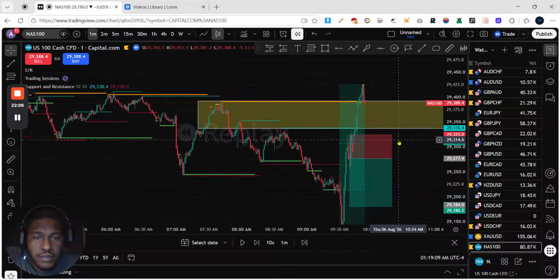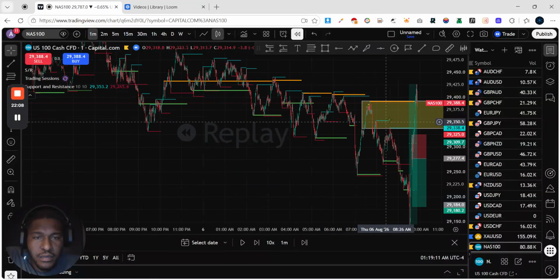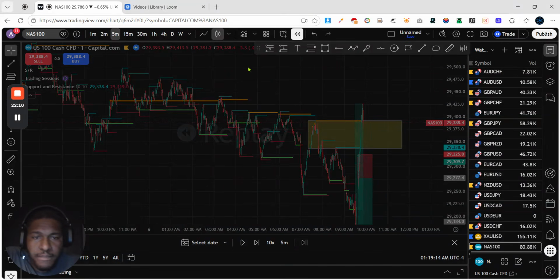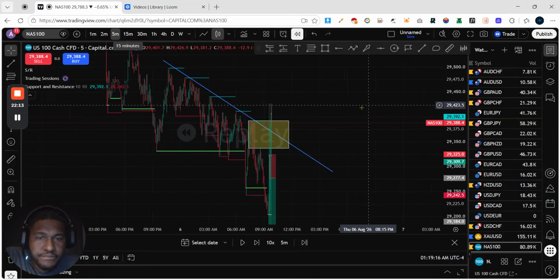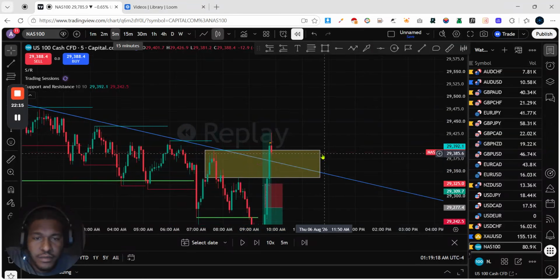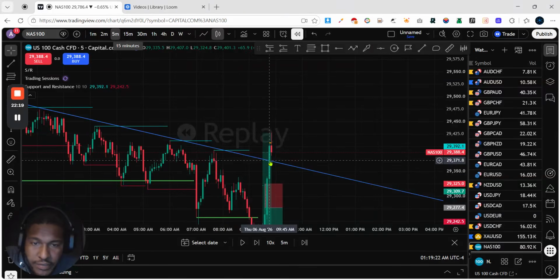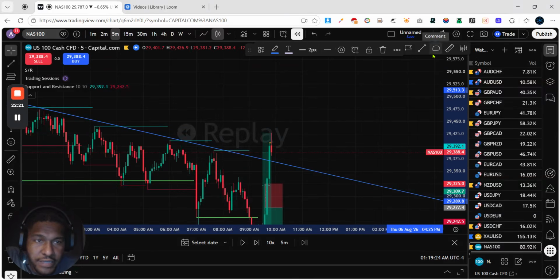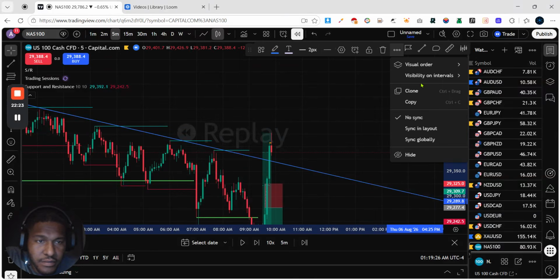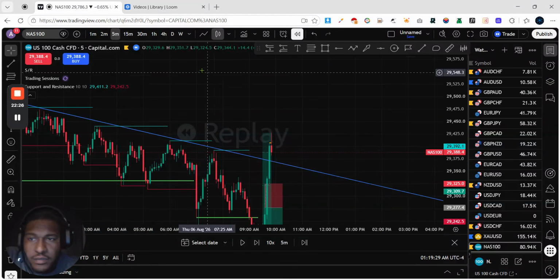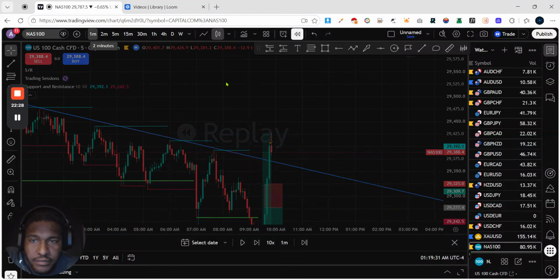All right. So we just broke. I'm looking to retest this gap here, this trend line. So that's one loss already.